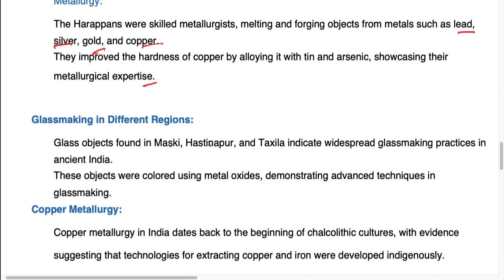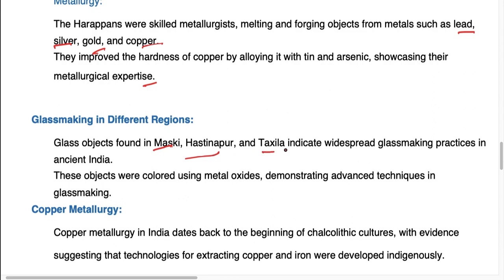Glass making in different regions. In our findings, we have found that not only at Harappa and Mohenjo-daro, but glass objects were also found in Maski, Hastinapur and Takshila, indicating widespread glass making practices in ancient India.